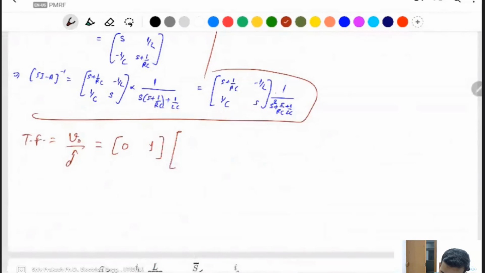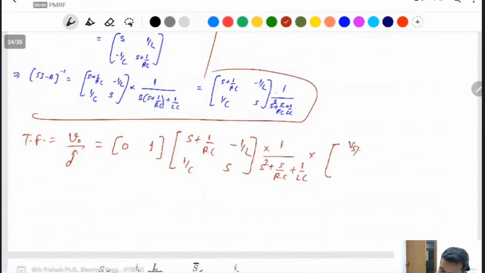SI minus A inverse means 1 divided by S square plus S divided by RC plus 1 by LC, into the matrix S plus 1 by RC, minus 1 by L, 1 by C, S. B is Vs by L into 0.